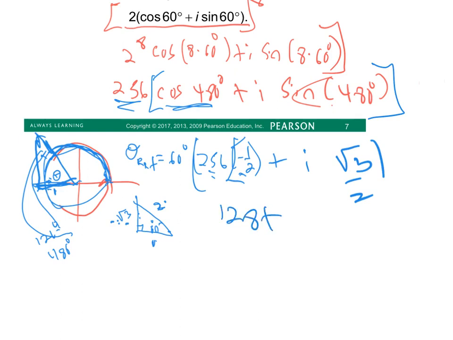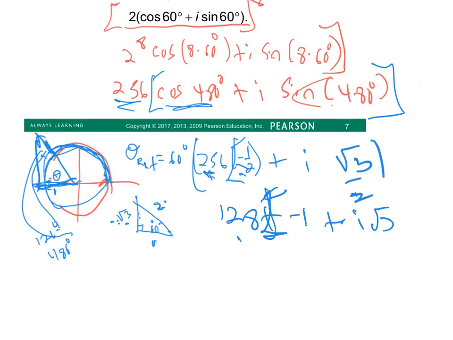And then the 256, it actually, you know what? What I should have said was it's half of each, so technically it's a 128 on the outside with a negative 1 plus i square root of 3, because the 2s both cancel by changing that 256 to 128.